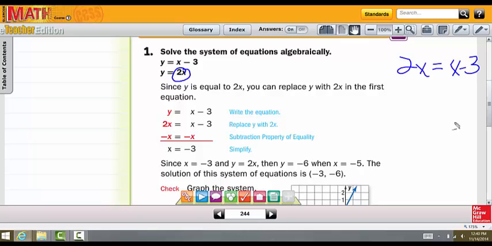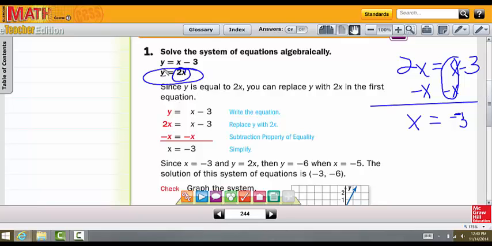So what we can do is subtract x from each side, and now we have x equals, this is a zero pair, negative 3. So if x equals negative 3, then we can go back to the original equation. Either one of them would be fine. We can write that y equals x, which is negative 3, minus 3.